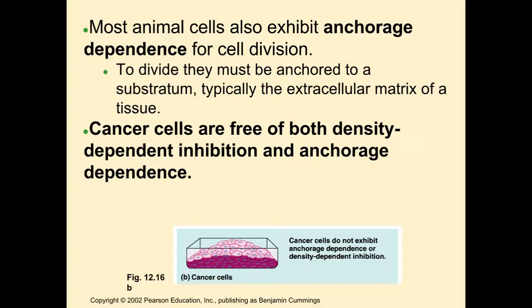In a multicellular organism, the cell likes to have some sort of extracellular matrix, remember, those little fibers outside that they are connected to. And cancer cells are free of both density-dependent inhibition and anchorage dependence. Basically, something went wrong in them and they just ignore those. Those things don't inhibit them anymore. And they just keep growing and growing and growing.